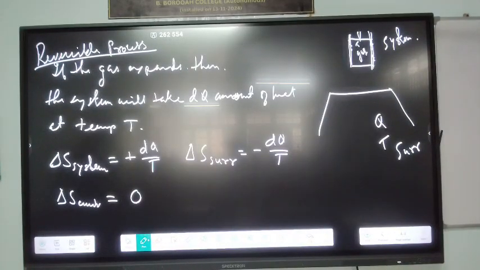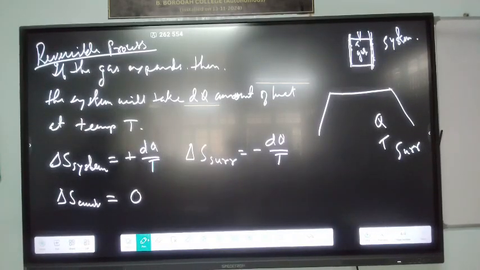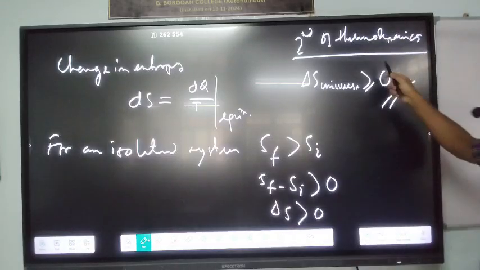But for the surrounding, that means for the reservoir, it may be negative, and for the system it is positive. So for the system and surrounding, the change in entropy may be positive as well as negative, but for the universe it cannot be negative, which is what the second law says.